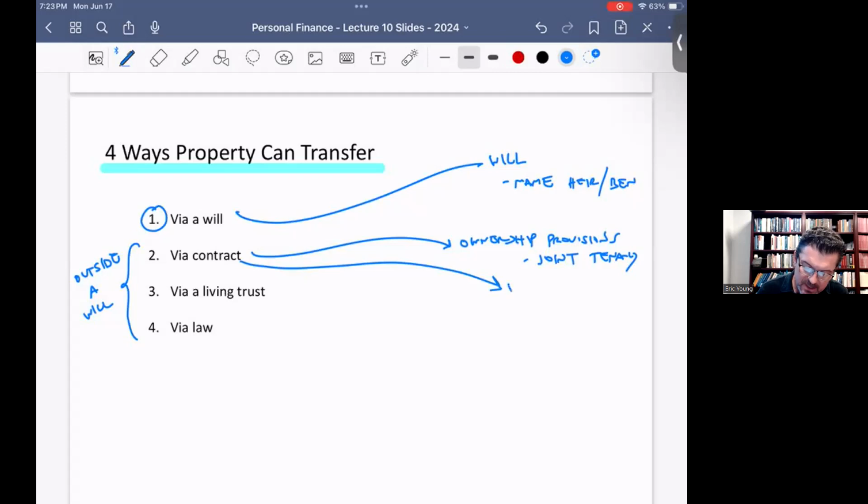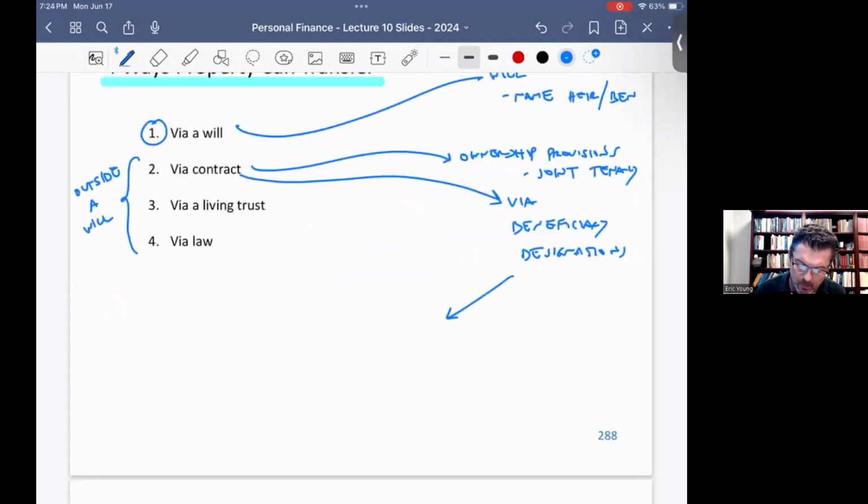Another way is via what are known as beneficiary designations. These are typically in retirement accounts, brokerage accounts, and possibly bank accounts.